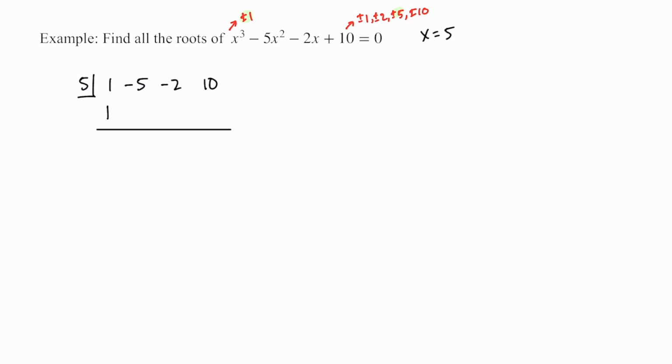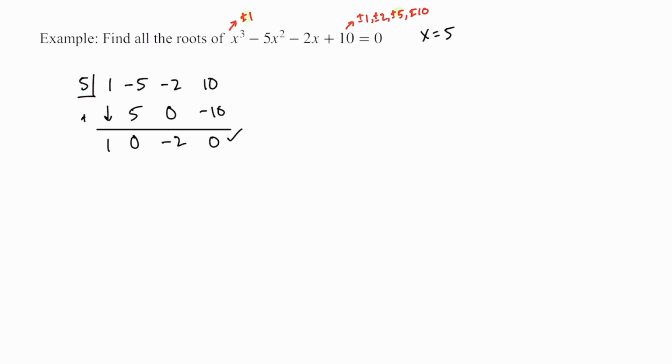Let's just try it here and verify. So I bring the 1 down, I multiply by 5, I get a 0 because I'm adding these up. I get a 0 here, negative 2, multiply, add, 0. Yes. My remainder is 0, which is just further verification that 5 is a solution.